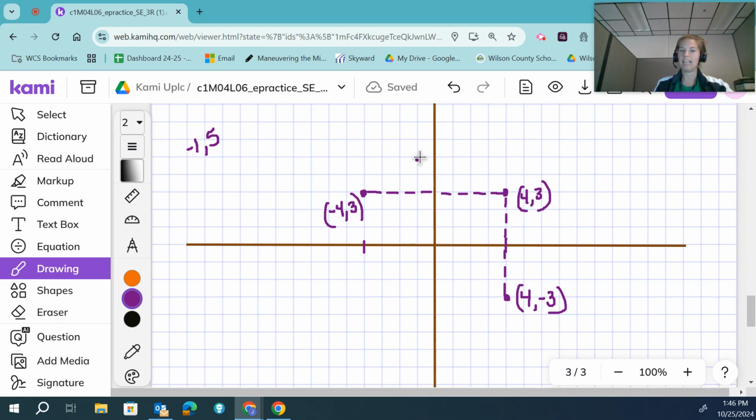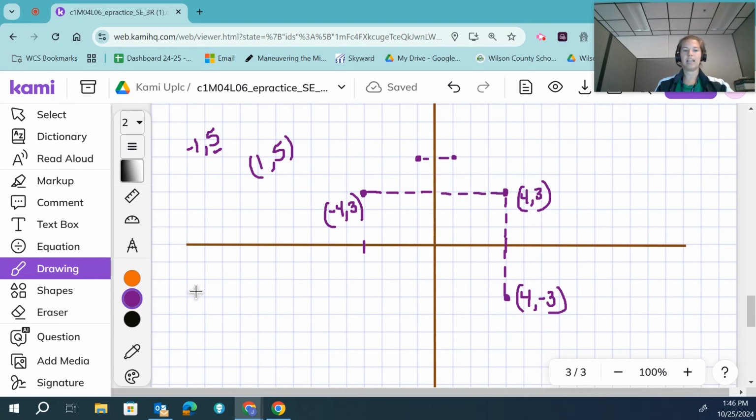This point here, if I reflect it across the y-axis, that means my y value stays the same, so it's going to be 5. And then I take the opposite of my x value, so it's going to become positive. So I'm going to plot my point at 1, 5, and you can see that that is a reflection of the original point.